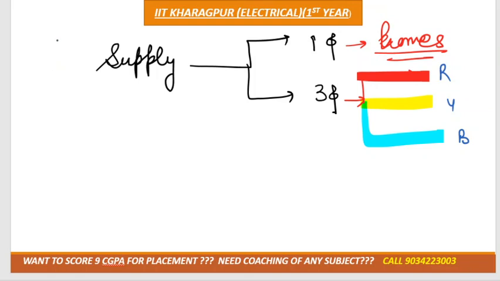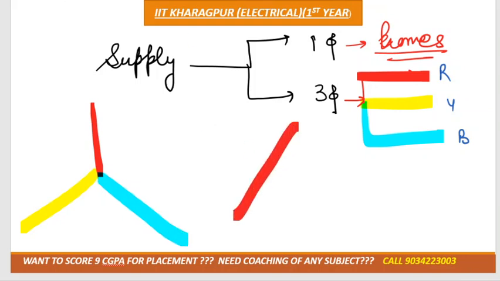Have you seen three phase supply? Red, yellow, blue. Basically, the wires are divided into categories. We can connect all three wires in a star shape, like this.